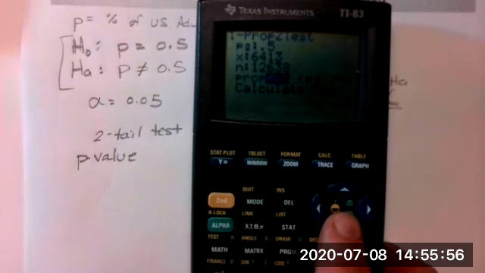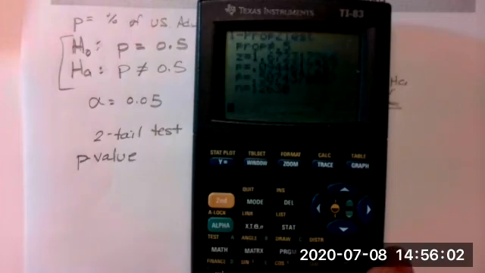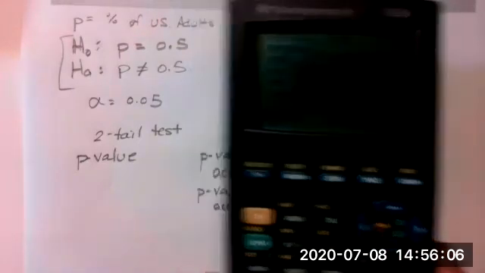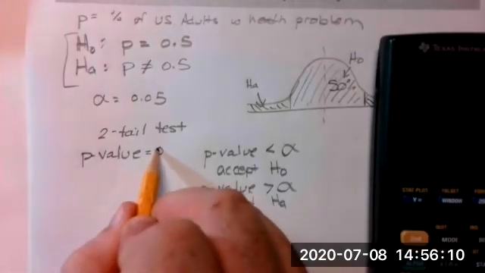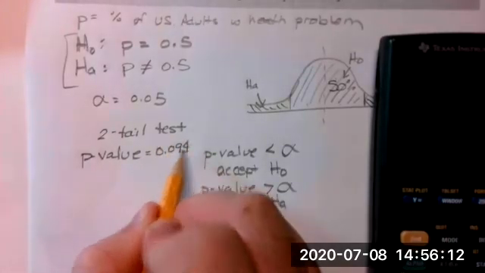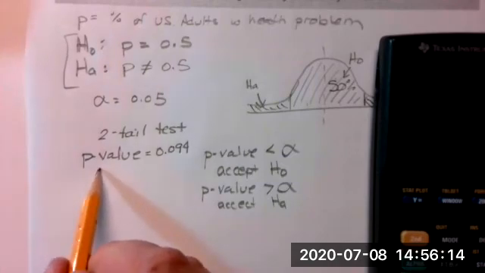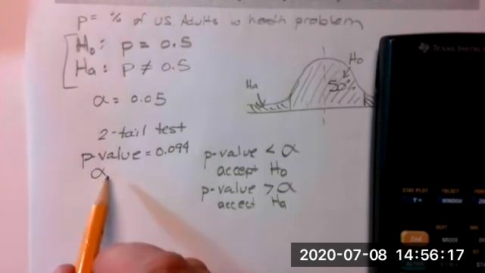And we're doing a two-sided test here, so we're seeing that it's not equal to that. We'll go ahead and calculate the p-value for that, and we get a p-value of 0.094.